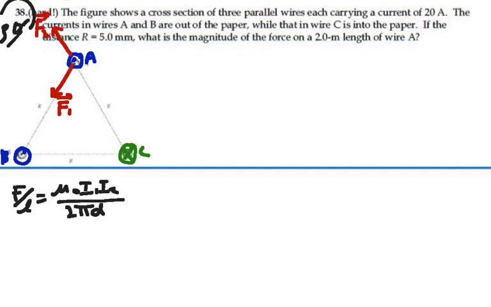Hence, if we were to look at the x-axis here, our y components of these two forces are going to cancel out. So we're not going to have to worry about those. So our x components are going to add together. So we're going to end up with an F1x and an F2x adding together in a negative x direction like this. So that's what we're going to be interested in.